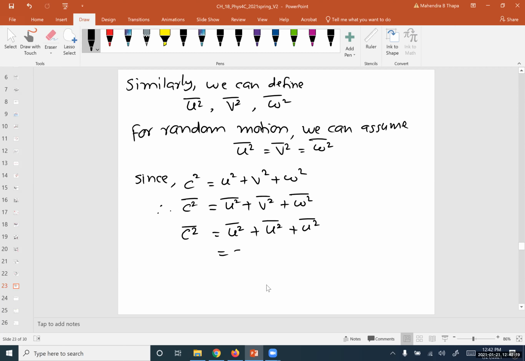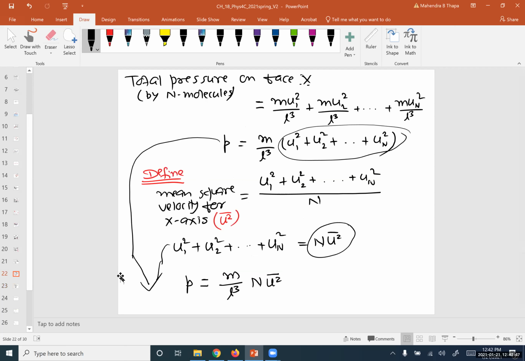So this means 3 u squared bar equals c squared bar. So based on that, I can say that u squared bar is equal to 1 over 3 c squared bar.